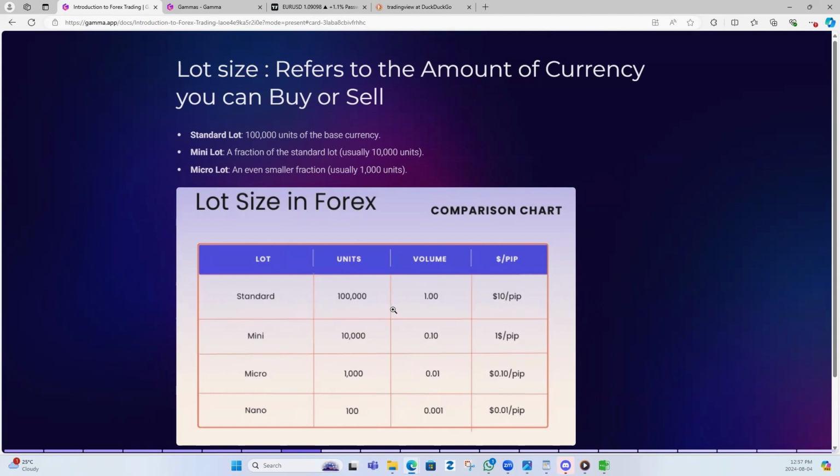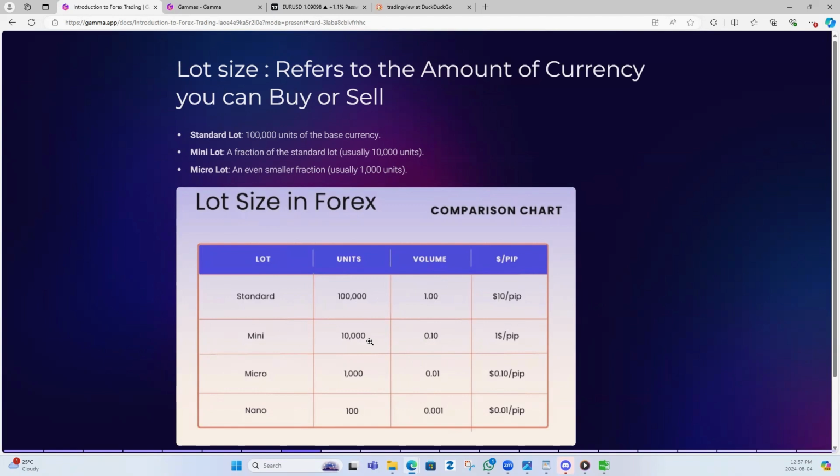So if you're buying euro and you have $100,000, or one standard lot, if there is a 2 pip up move, you will be making $20, and you will be losing $20 in case the price goes down.